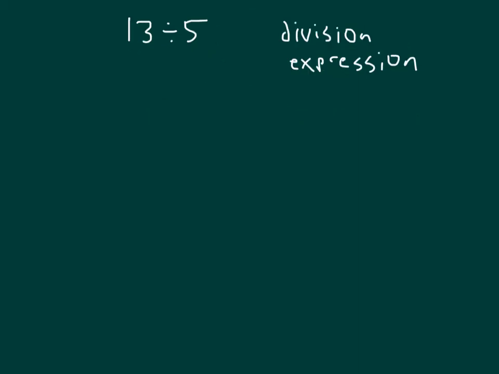There's one other way we can look at this 13 divided by 5, that division expression. We can look at it in unit form as fifths, because we're dividing by 5. So how many fifths am I dividing by 5?